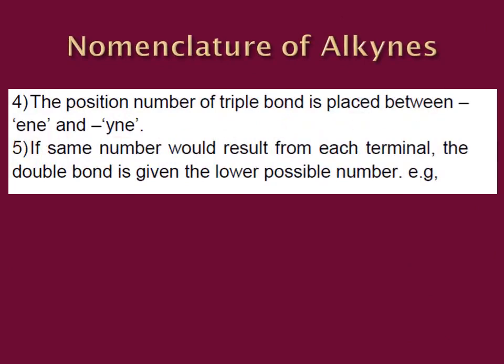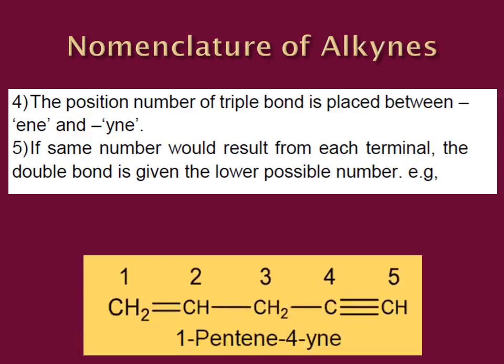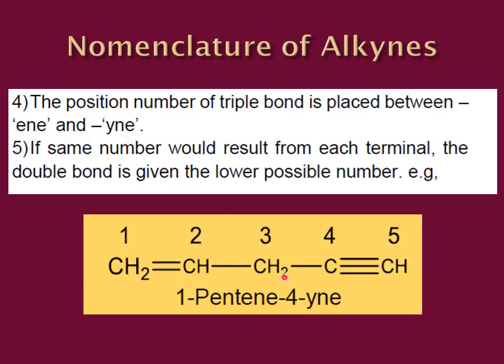Look at this example in which we mention the position of the triple bond between "ene" and "yne". Remember students that ENE for alkene is always written with the parent chain. And if the same number would result from each terminal, what do I mean by this?